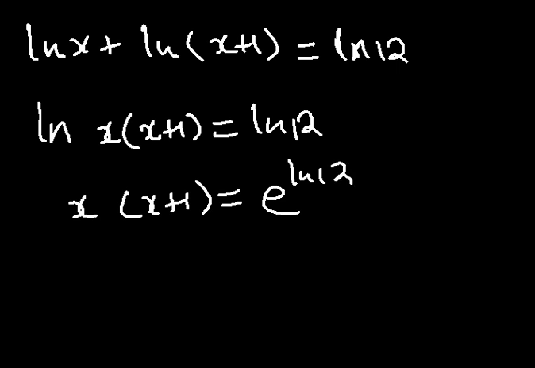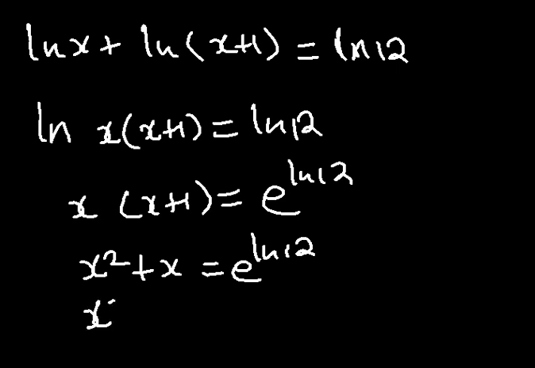Then we'll have x squared plus x equal to e to the power ln 12. So this is the same as x squared plus x minus e to the power ln 12 is equal to 0.